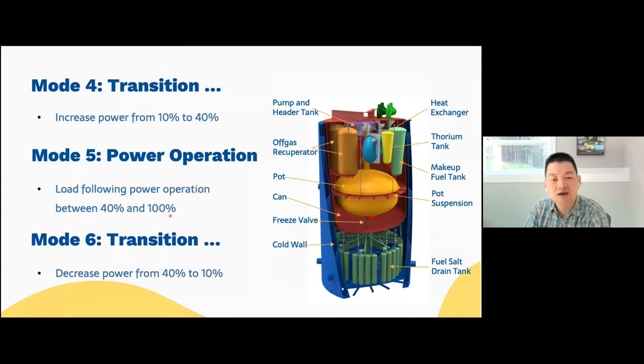If we want to reduce the power, we have to go to another transition mode, which is mode 6. It decreases power from 40 to 10. I will have several slides to explain how we increase and decrease power. But let's finish this mode first.